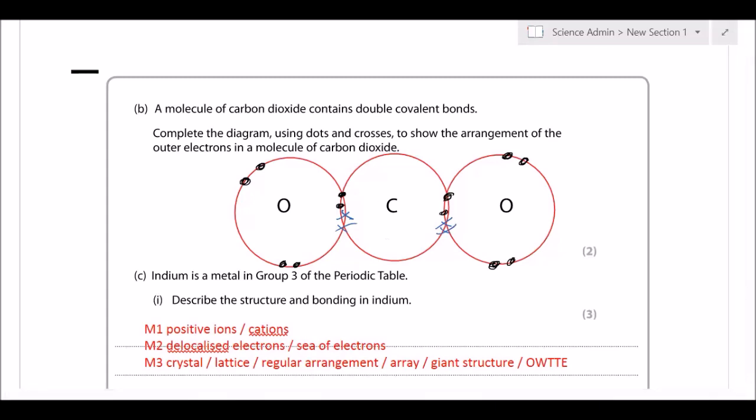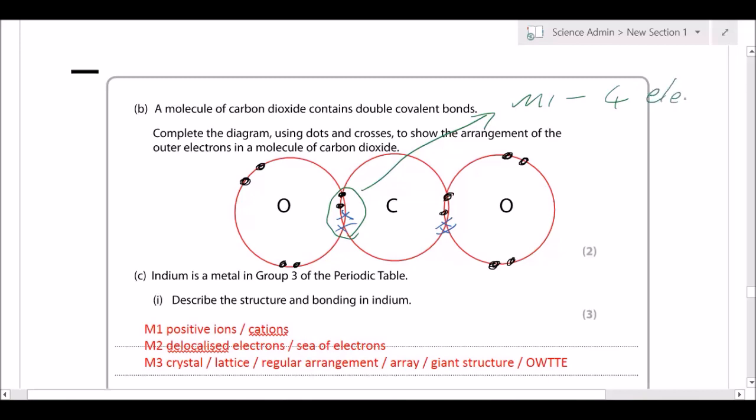The key thing here, so mark 1 was to show 4 electrons in bonding. Okay, 4 electrons in bonding, and then mark 2 was for everything else. So you needed to remember these extra electrons on oxygen.